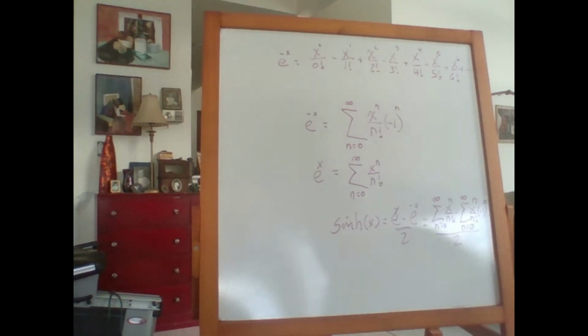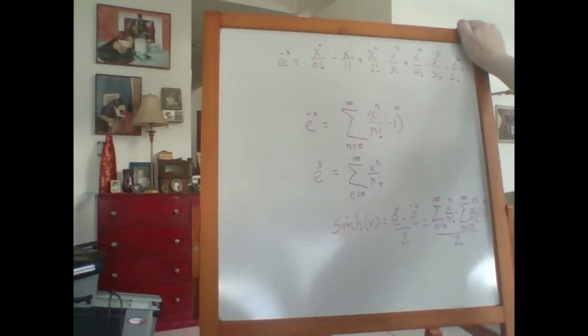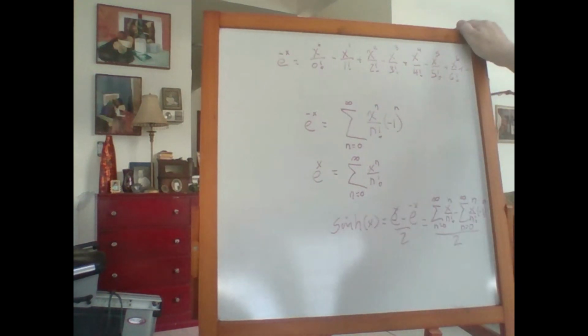And we can do this for the cosine and the hyperbolic tangent. We can do this for all kinds of functions. It's really, really pretty darn cool that you can do this.